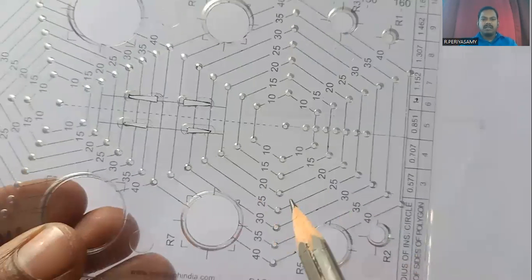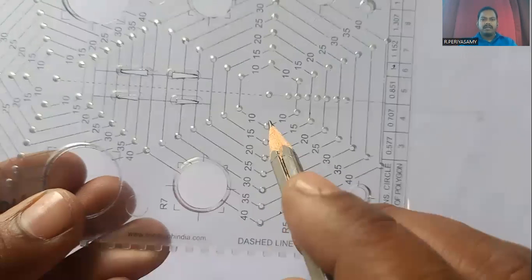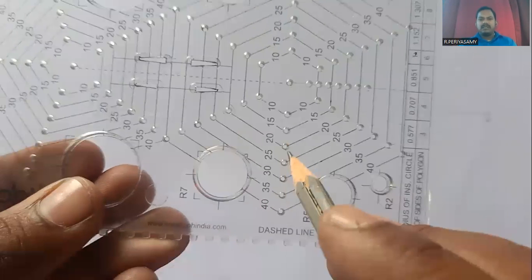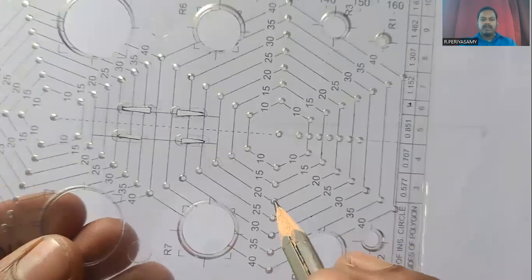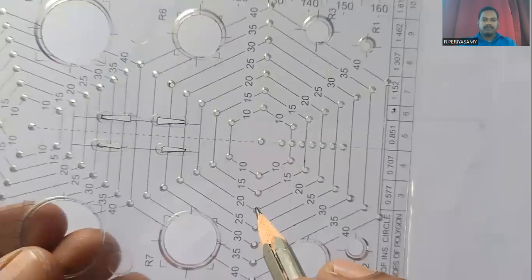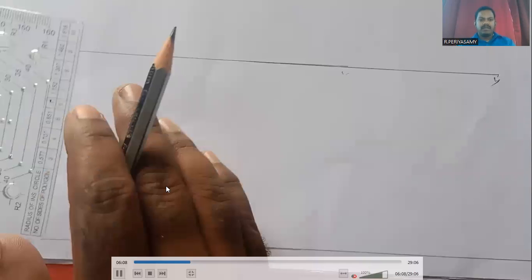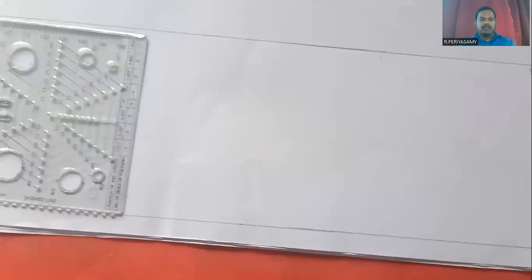This is a template. This template is mainly used to draw different shapes of polygons. In this problem, they are given a hexagon, so we select the hexagon with 20 mm base sides from the template.